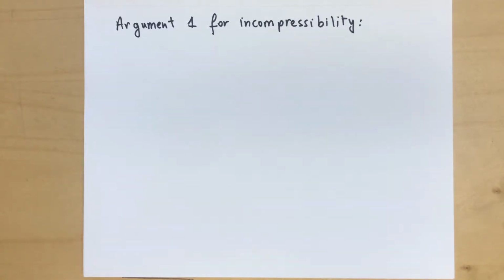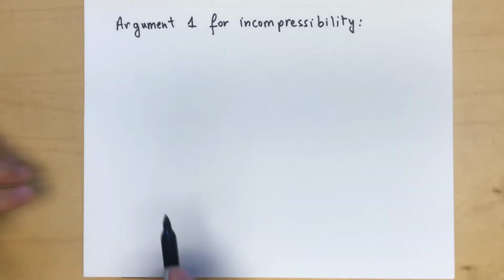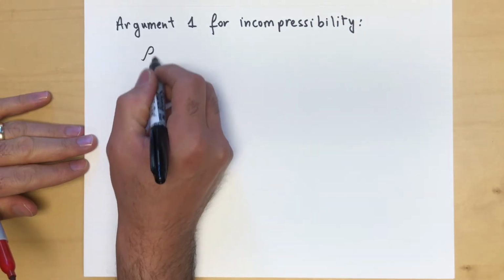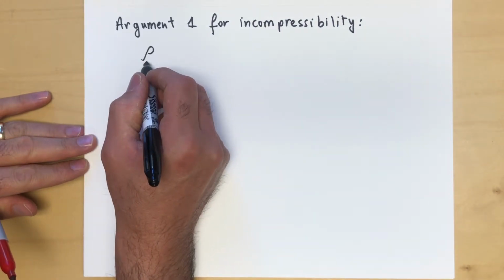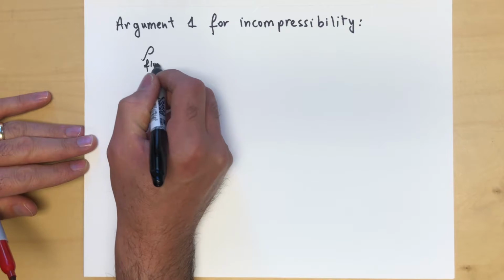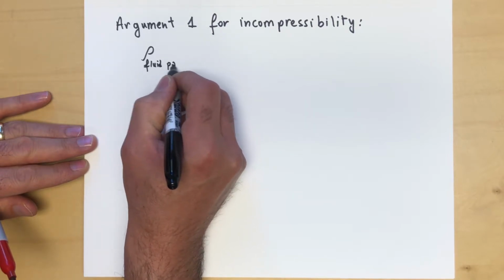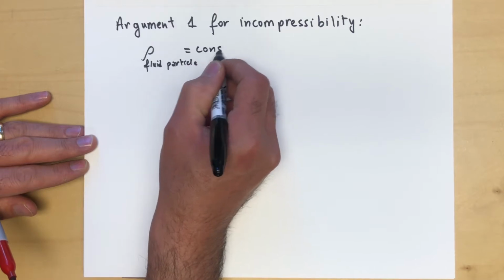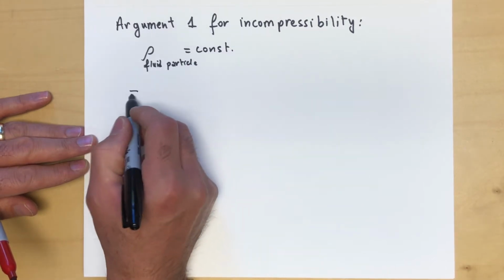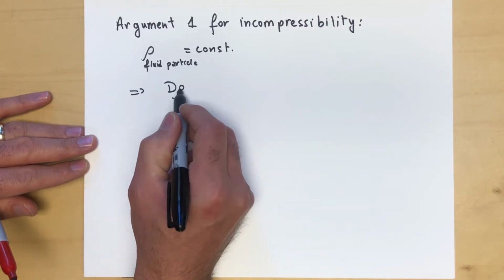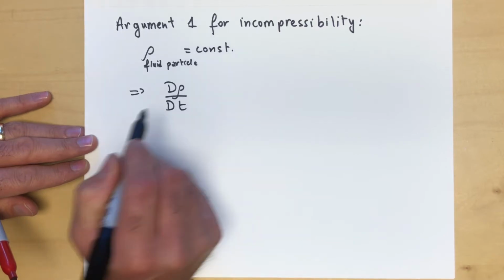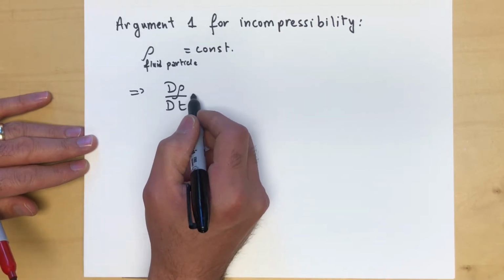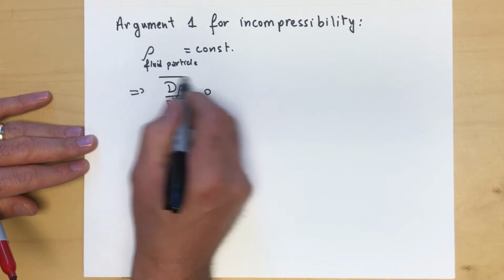In other words, you're not able to compress more material into the same volume. So rho for a fluid particle is equal to a constant, this implies that the material derivative of the density is equal to 0.